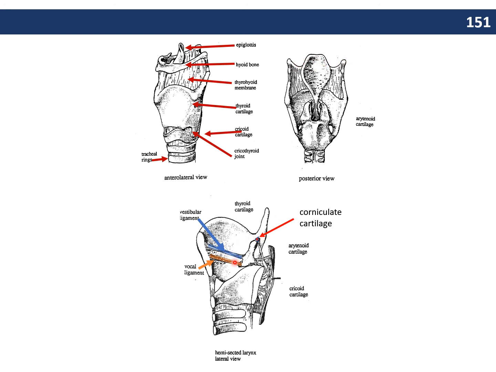If we bisect the larynx, what you'll observe is that the true vocal cords are located here in orange, and then the vestibular ligament, which sits superior to that, is considered the false vocal cords.